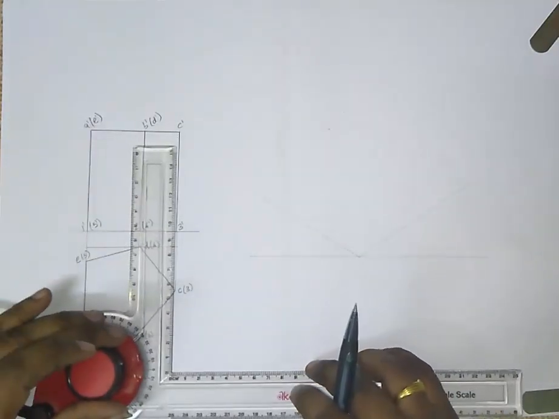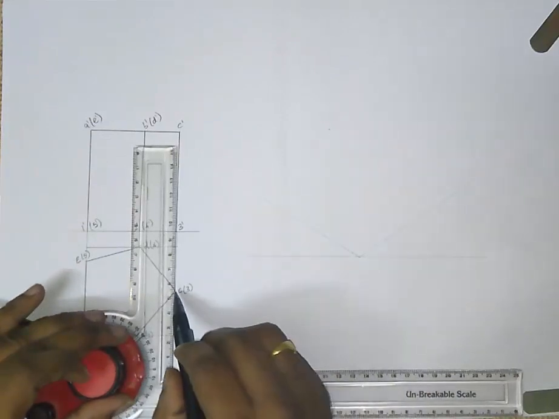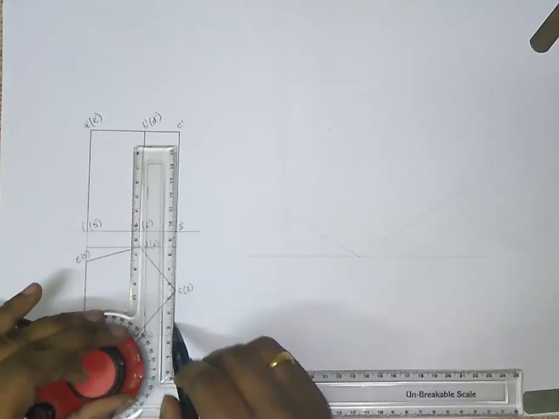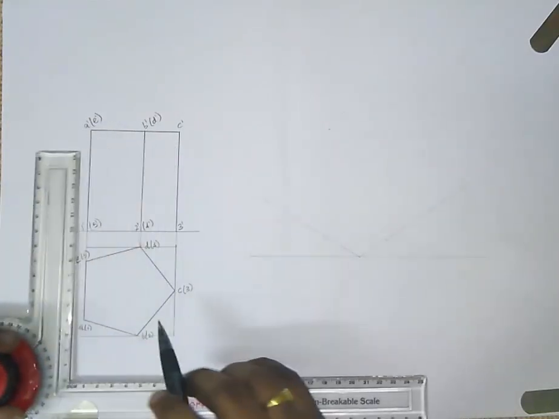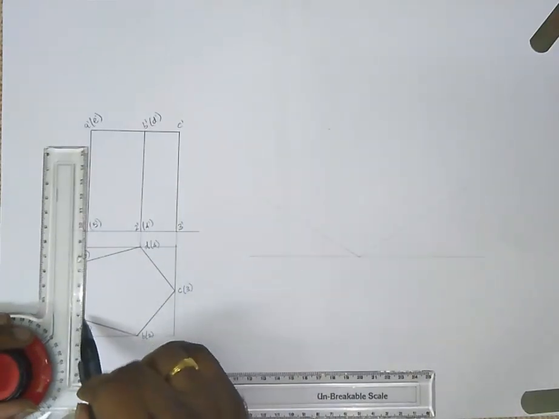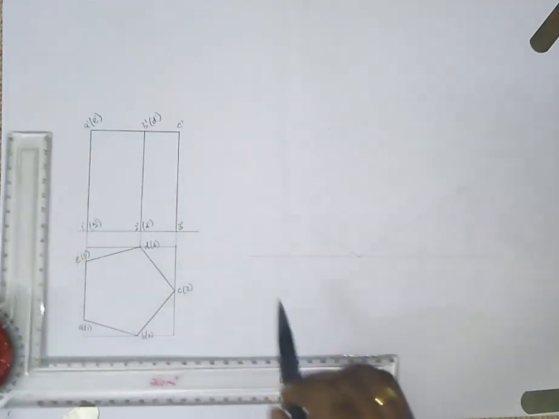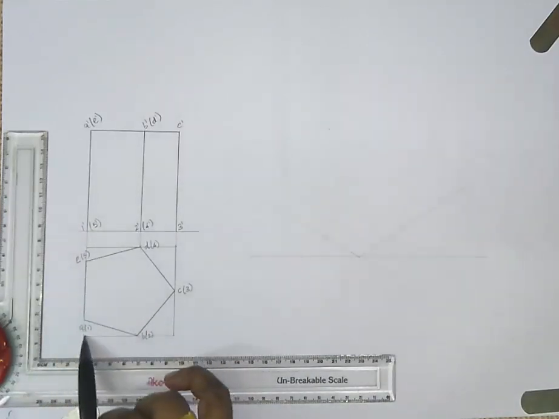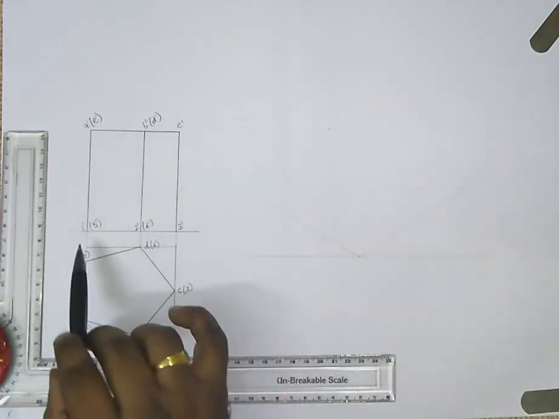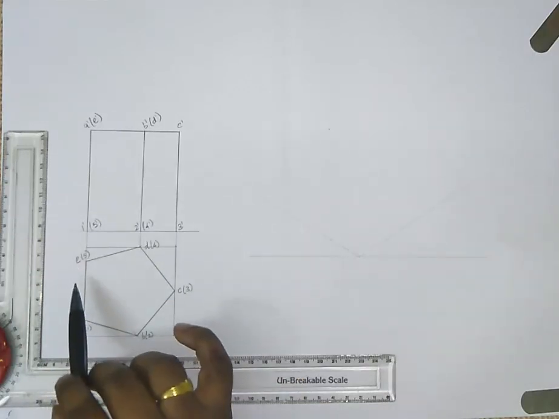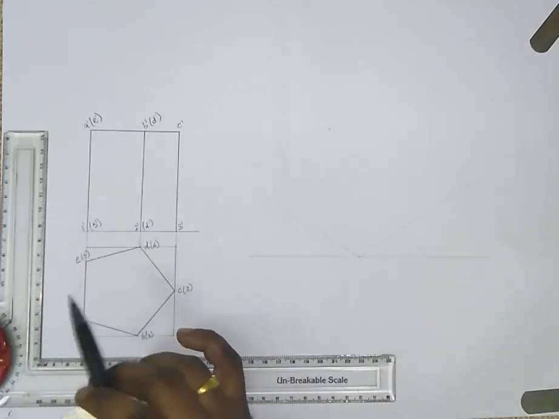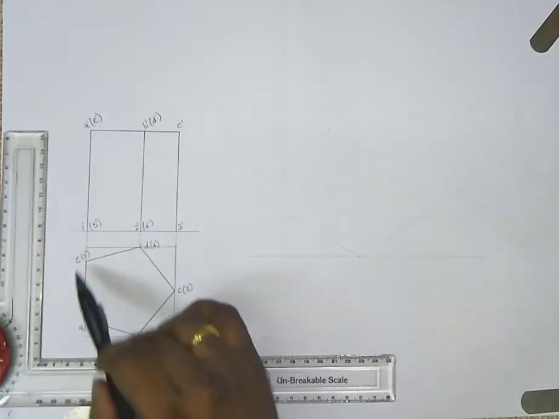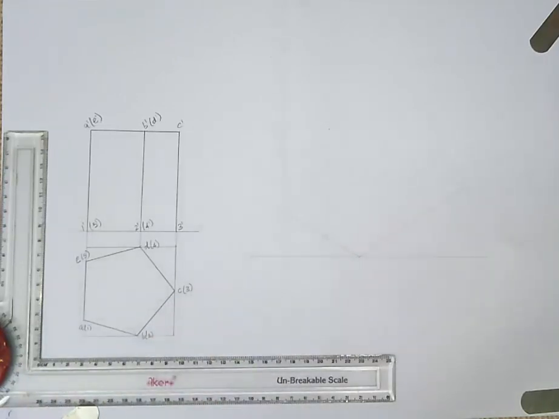Now draw the vertical line from the right extreme point like this. Similarly, from the left extreme point, draw the line like this. Now you have a square like this, having this pentagon inside of that.